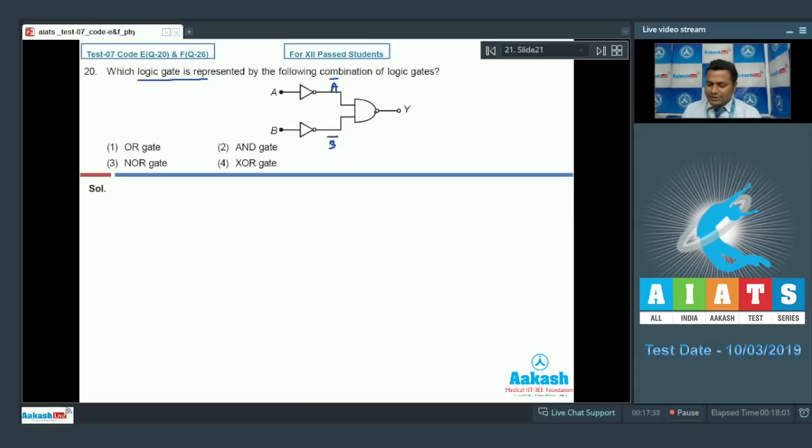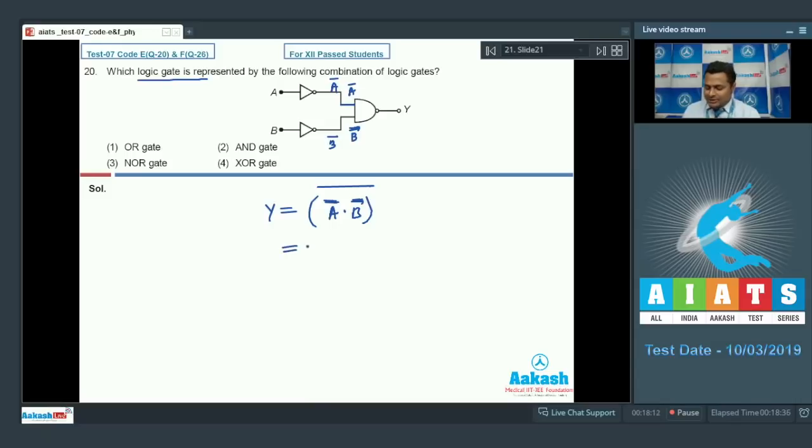The third gate you will see as a NAND gate, and finally the output of the NAND gate is given by Y equals A dot B whole complement. So here one input is A bar and the other input is B bar. So A bar, B bar, and according to NAND operation you will get the output as the complement of AND of both inputs.